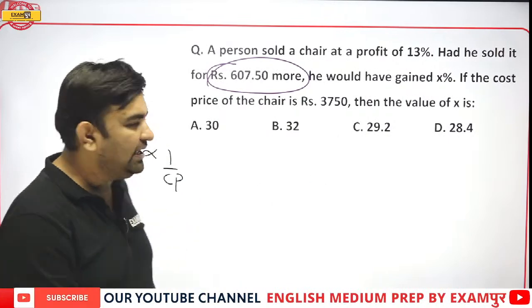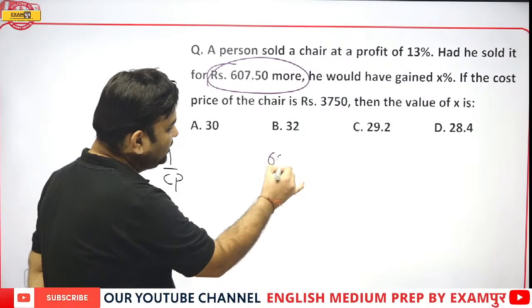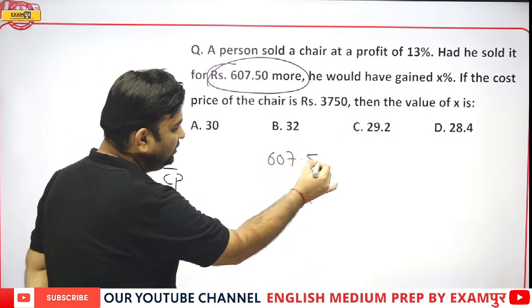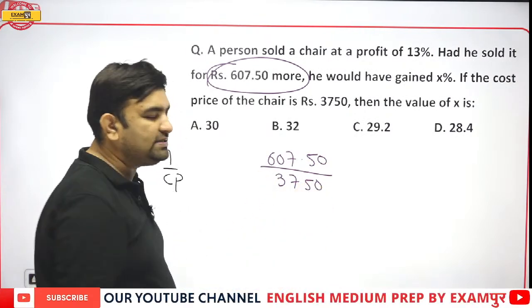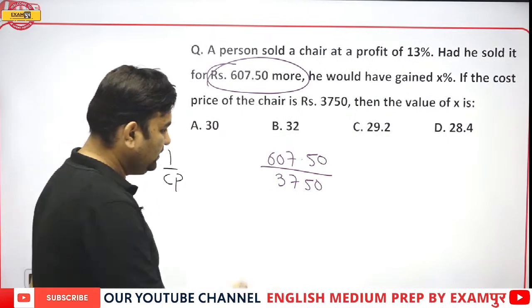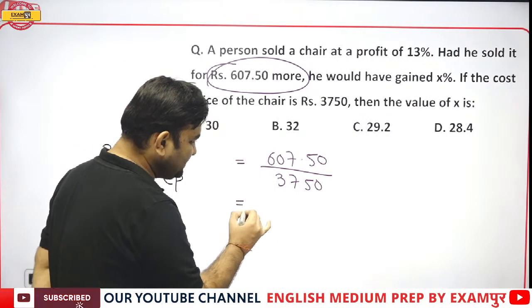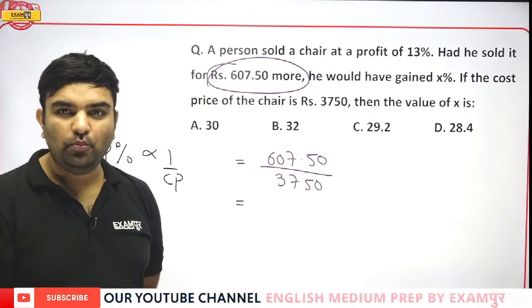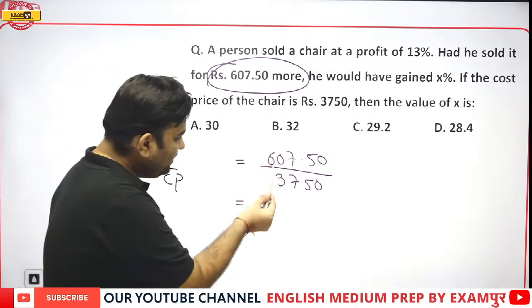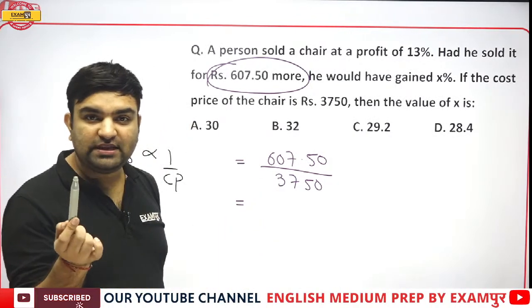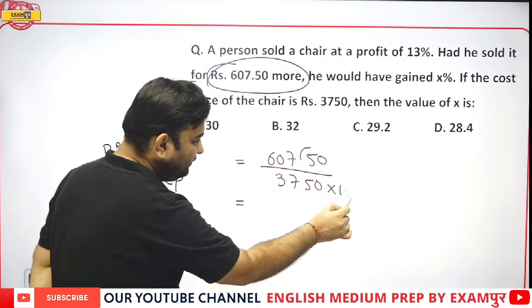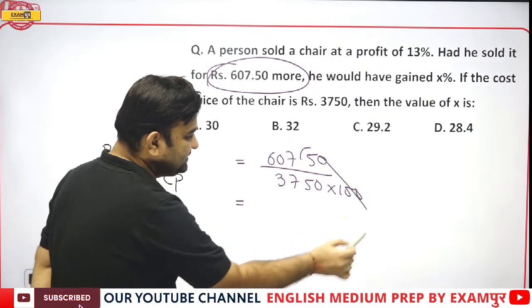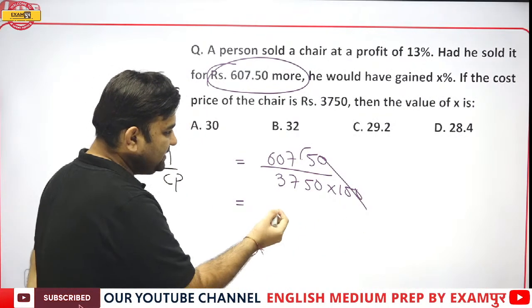Extra profit of 607.5 over the CP of 3750 is how much percentage profit, guys? We can very easily calculate that. Simplify by 5.